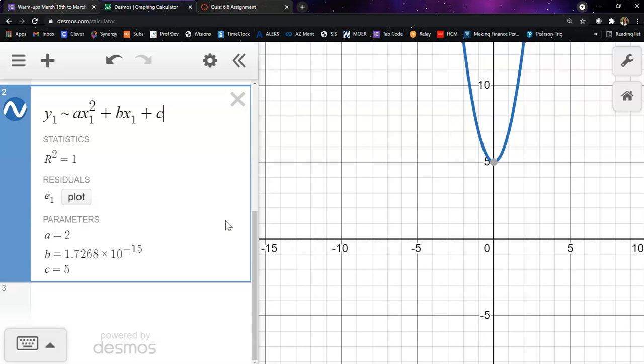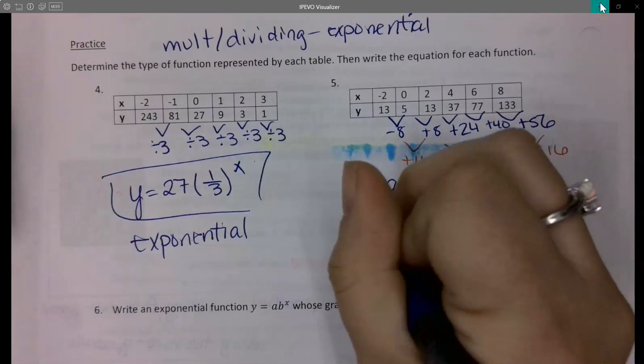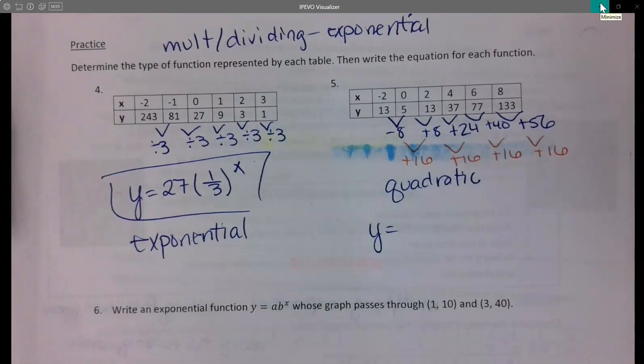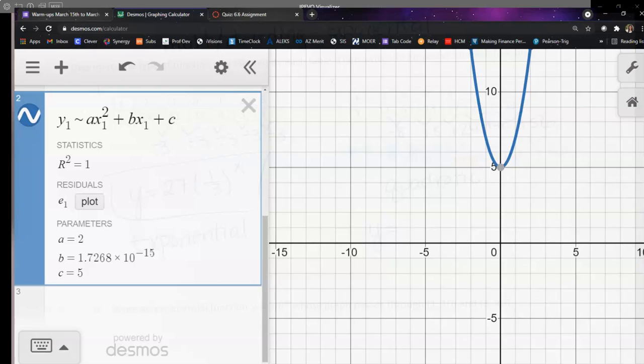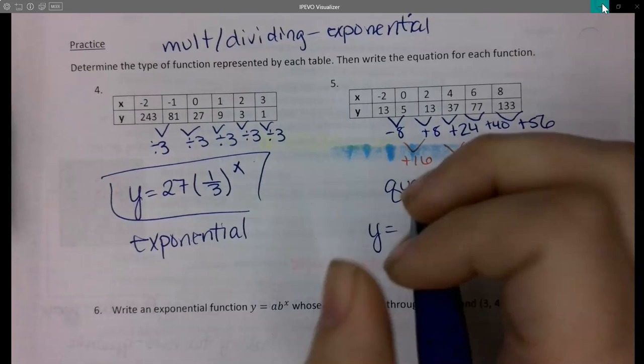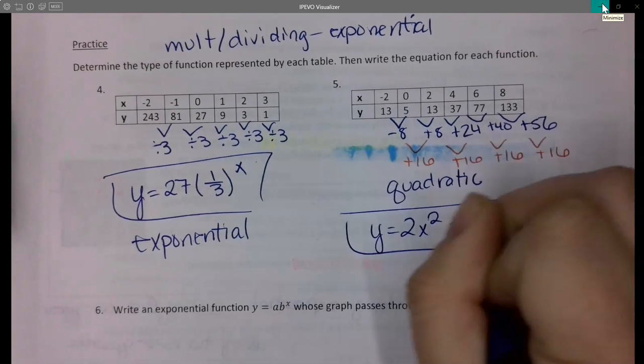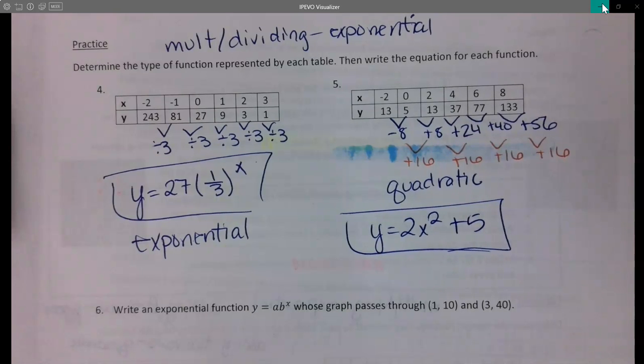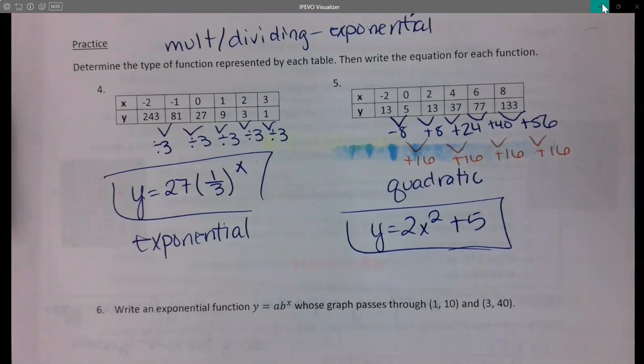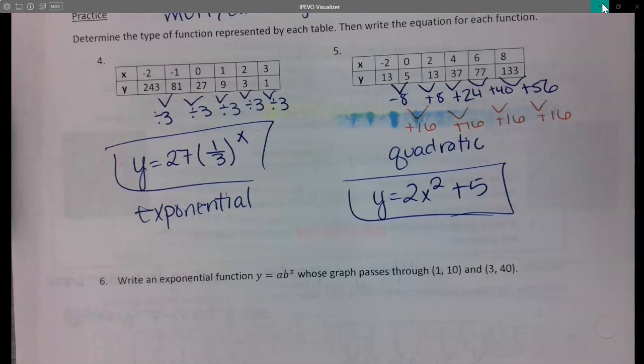So I only have to plug in for a and c. So this is going to be y equal, I didn't even remember those numbers, 2 and 5. Okay, so I'm going to have 2x squared and then plus 5. I don't have a middle term because Desmos is doing that weird thing to show us that it means 0. Questions on number 5?